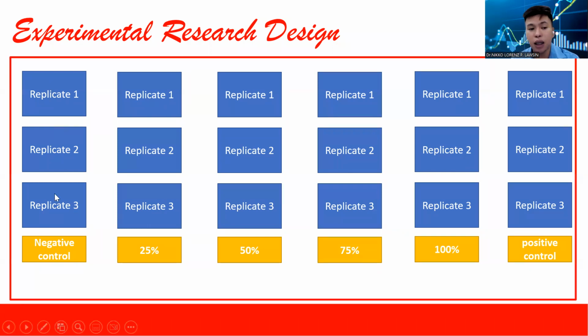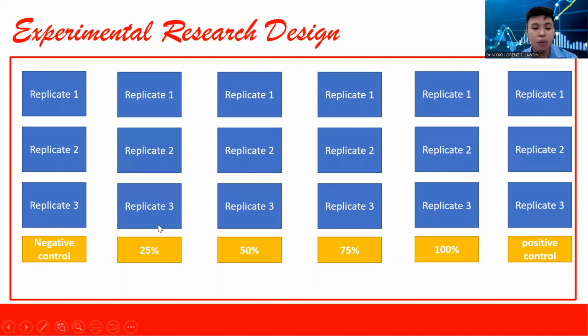We are doing replicates so that we will be able to verify if one replicate represents the other. So this classical example is applicable if you are doing biological research, if you want to compare the effect of one treatment to another.